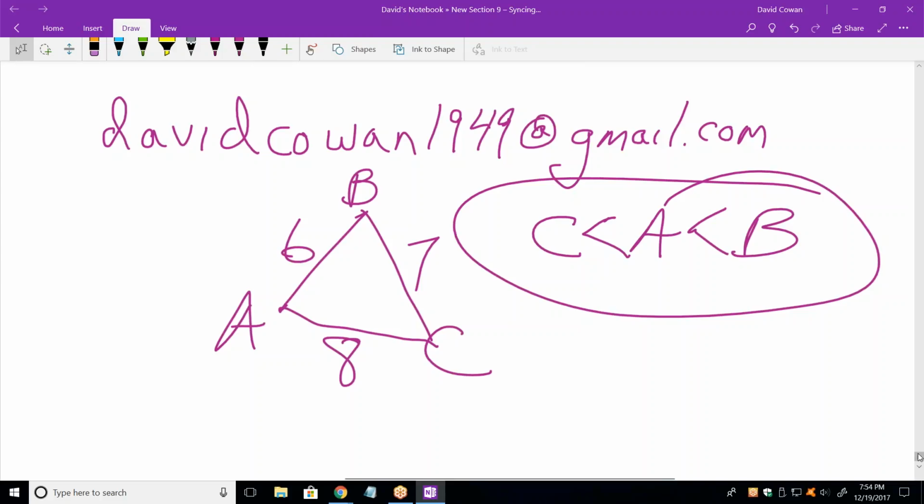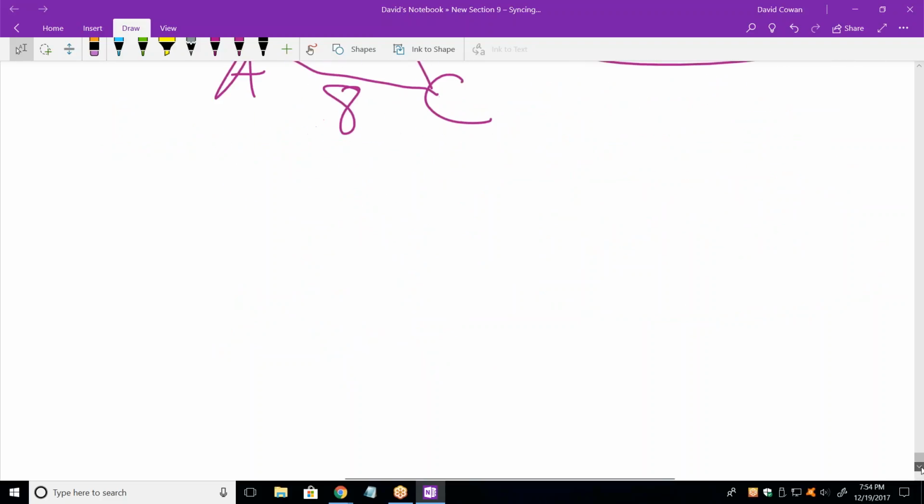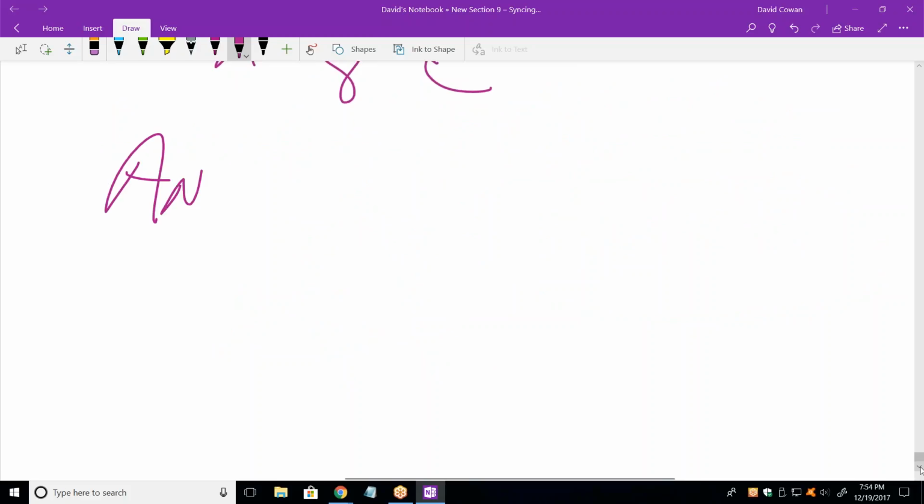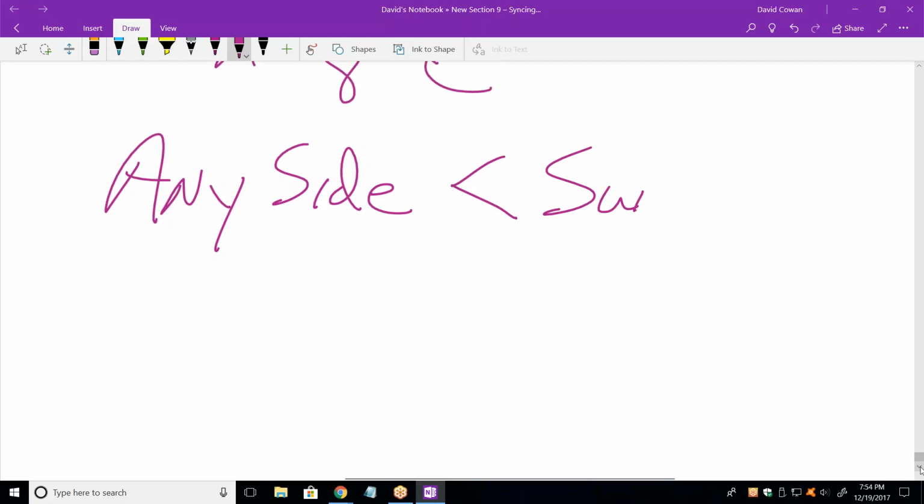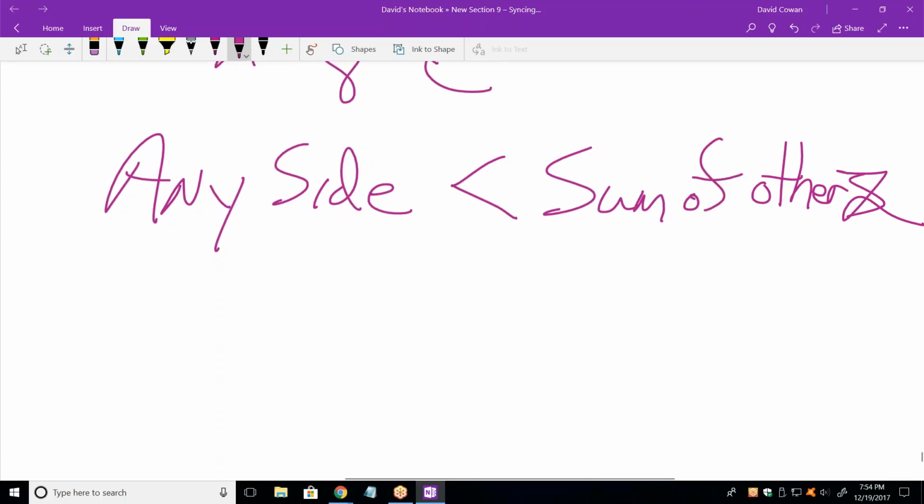There's one other thing quite important in triangles. And you kind of have to memorize this. Any side of a triangle has to be less than the sum of the other two and greater than the difference of the other two.